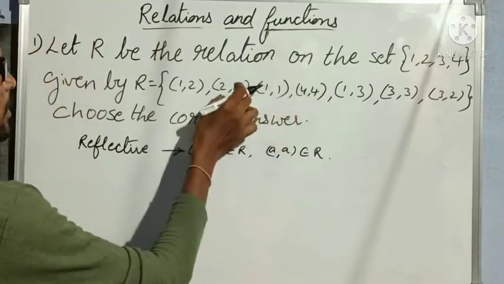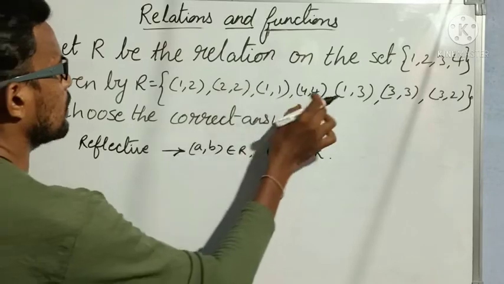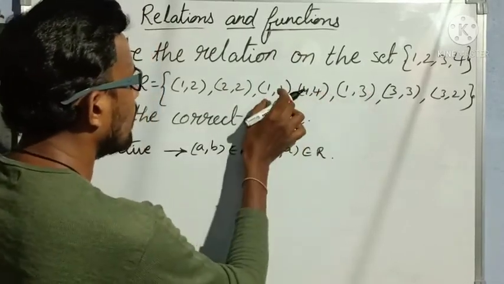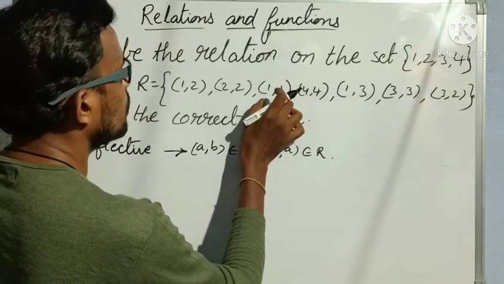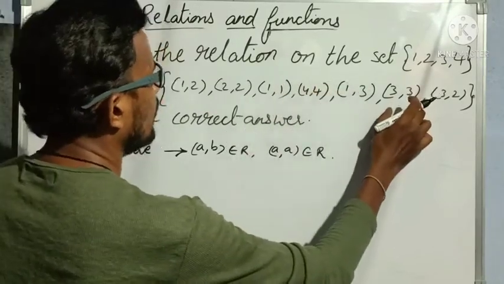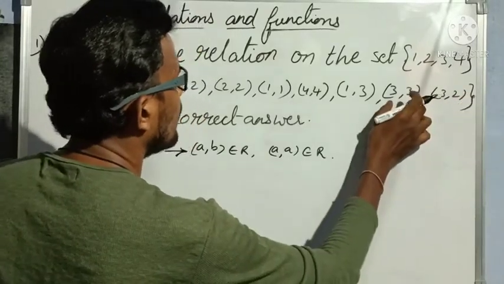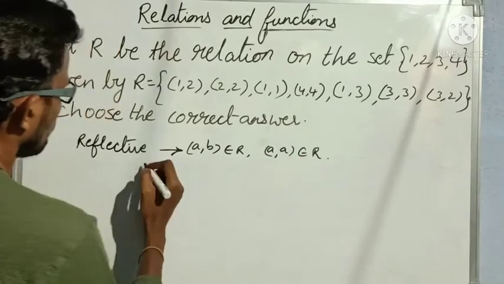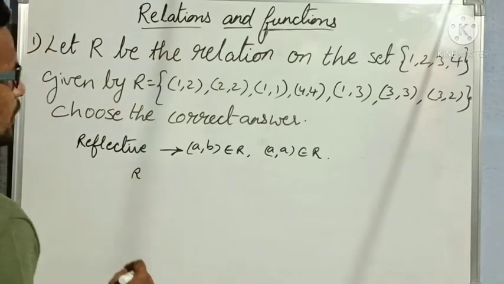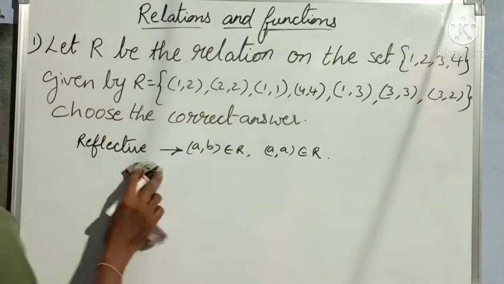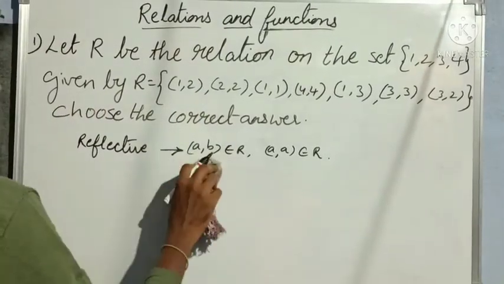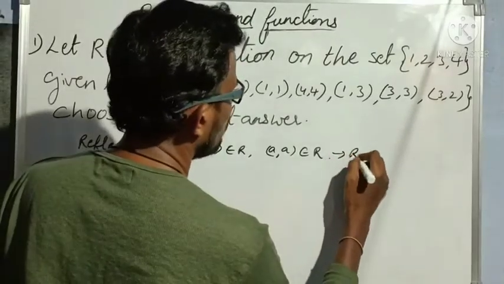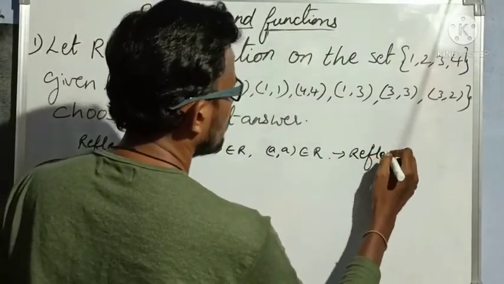Yes, it is there. (2, 2) is as it is. (4, 4) is as it is. Here (1, 3) means (1, 1) also belongs to R. Here (3, 3); and (3, 2) means (3, 3), this is also there. So this relation is reflexive, because as (a, b) belongs to R, (a, a) belongs to R is also satisfied.